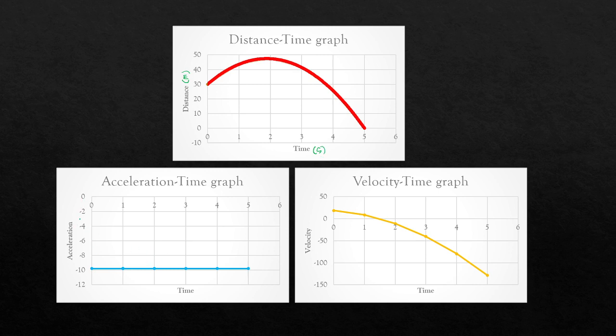For acceleration, they should be meters per second squared. For velocity, that's meters per second. And again for time, that is in seconds. Let's not forget to do the proper labeling and the proper name of the graph.